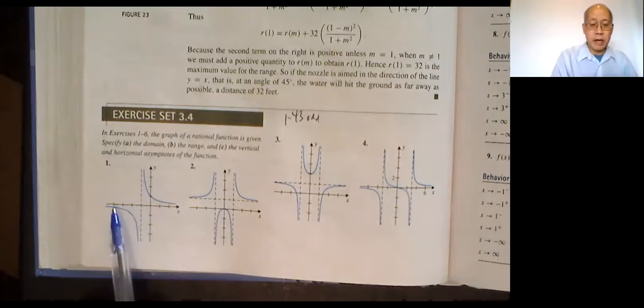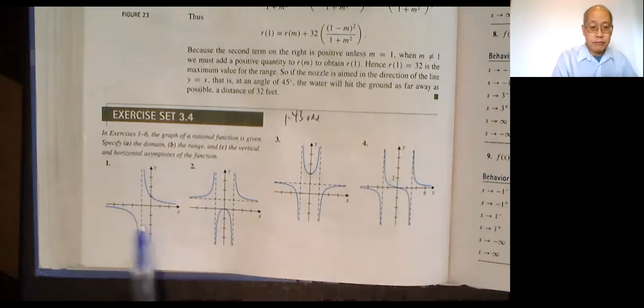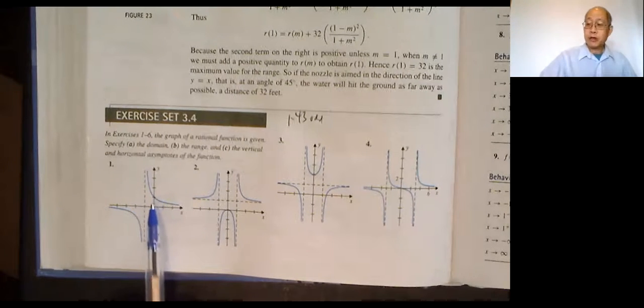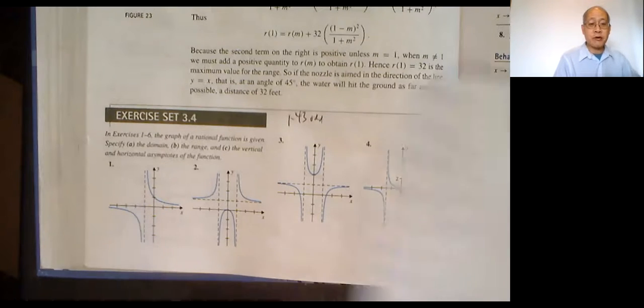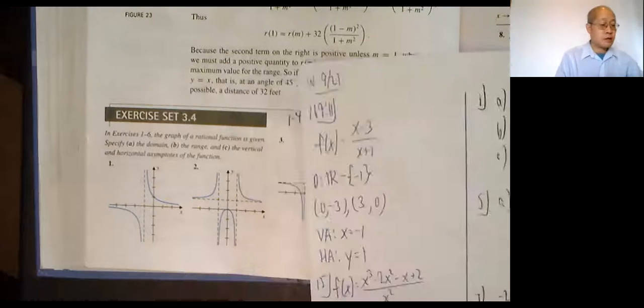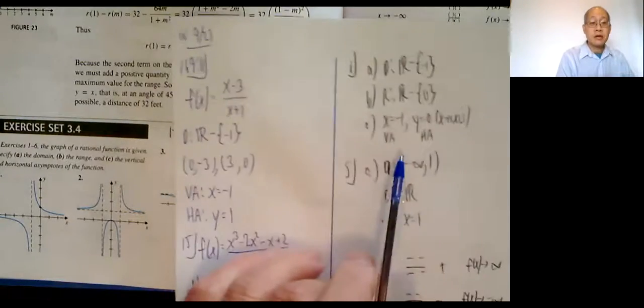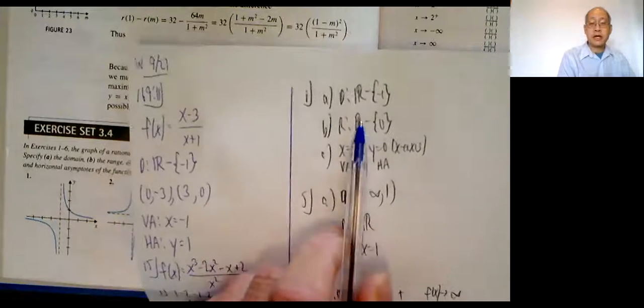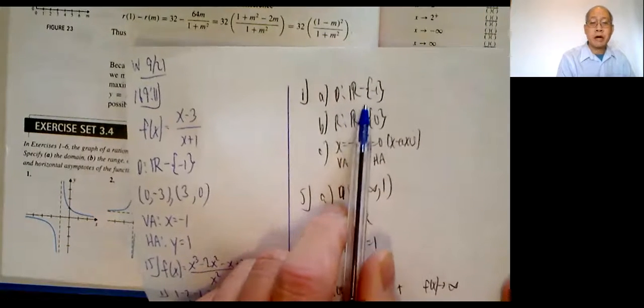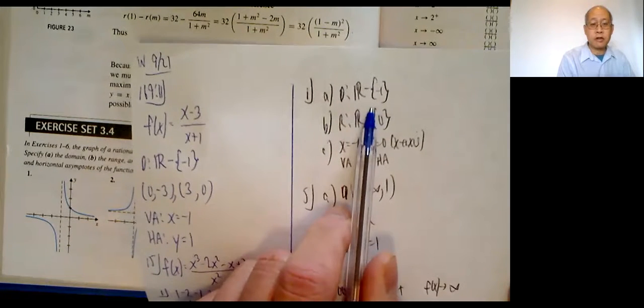Okay, number 1, domain. Well, it looks like x is not allowed to be -1, but it's allowed to be anything else. So for number 1, the domain is all real numbers except for -1. So this graph and this answer: the domain is all real numbers minus the set consisting of -1.